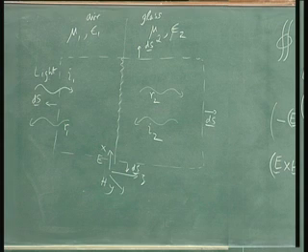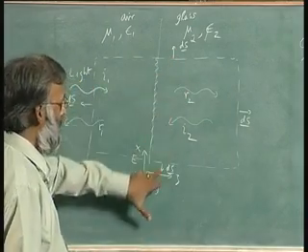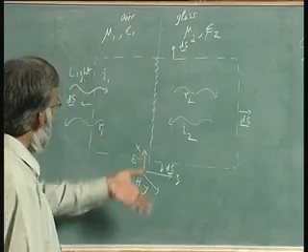My E cross H dot ds, ds points this way here and ds points this way here, and ds points this way at the side walls. You can see that E cross H dot ds does not contribute on the side walls.